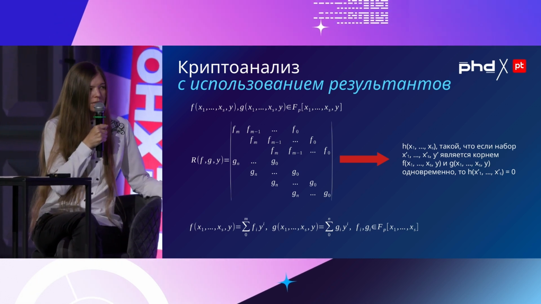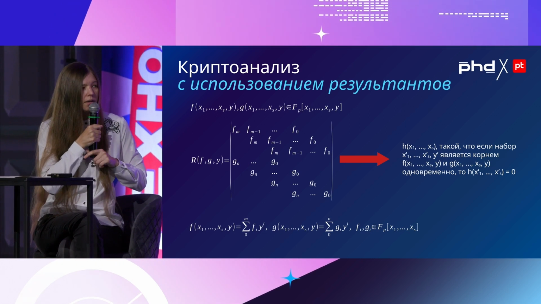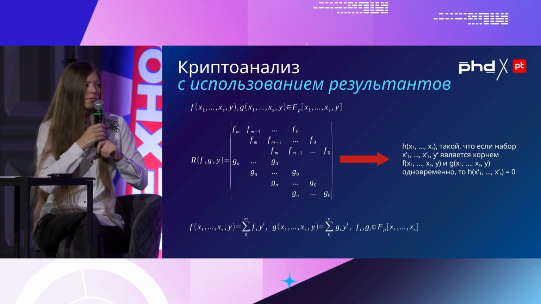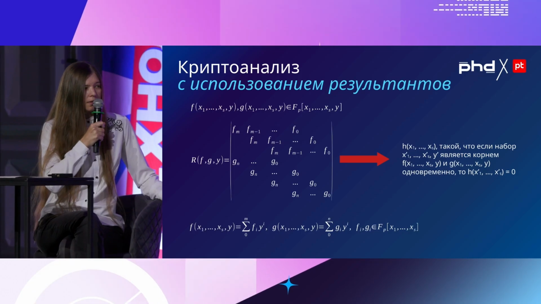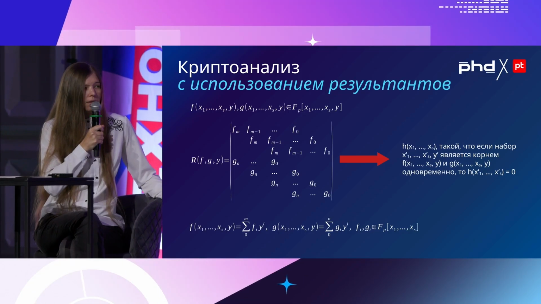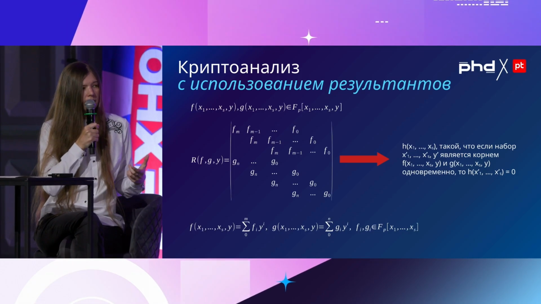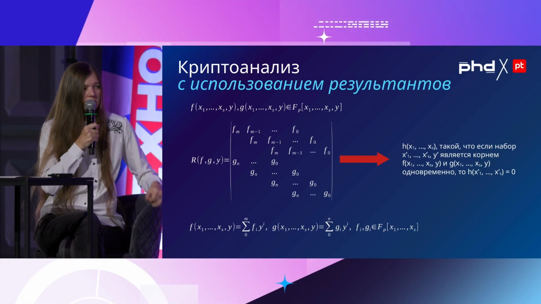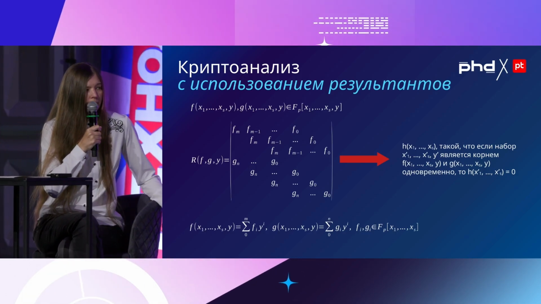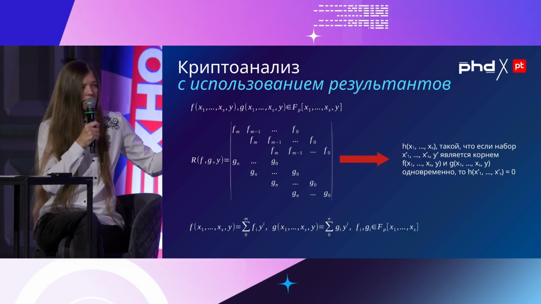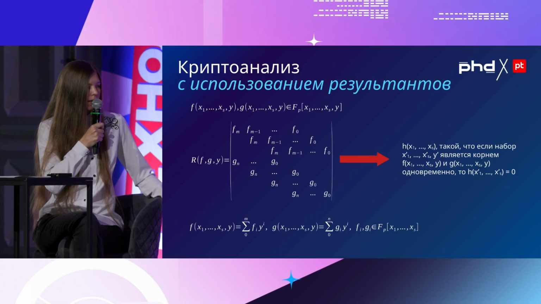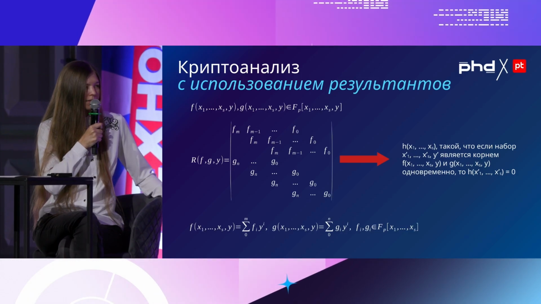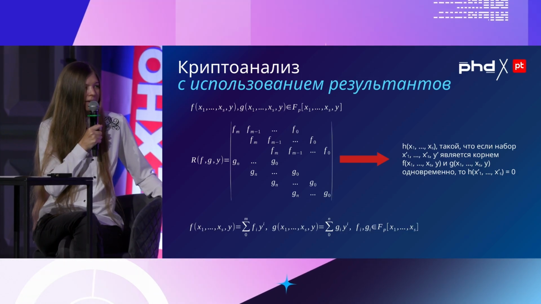If we have enough equations, we can repeat this process iteratively until we come up with an equation with a single variable which we can solve, and then we can take the values from that equation and derive everything else.